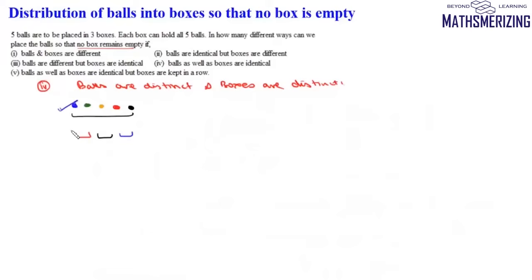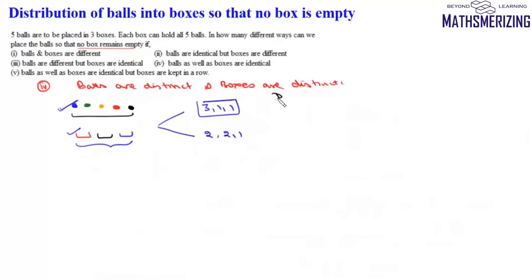With distinct balls and distinct boxes, we need to distribute the balls so that no box is empty. In the previous case, we have studied that when the balls and boxes are identical, we can distribute them as 3, 1, 1 and then 2, 2, 1. So we'll first distribute these 5 balls in groups of 3, 1 and 1, and then we'll arrange these 3, 1, 1 in these 3 boxes.